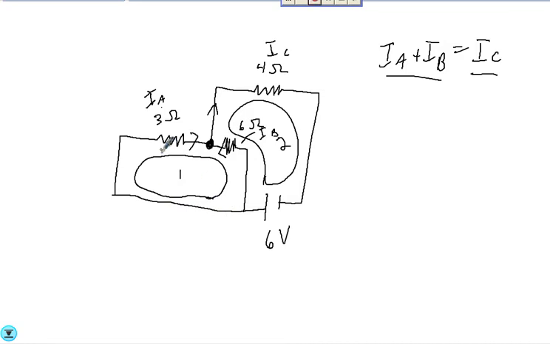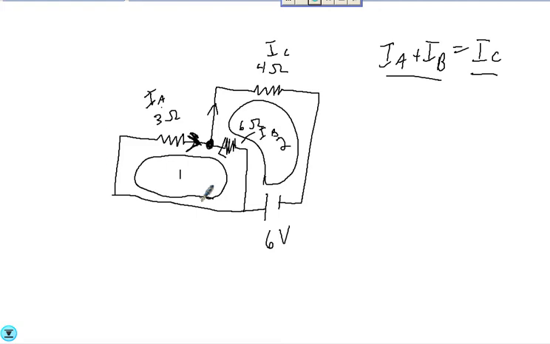So in one loop, all of the voltage increases must equal the voltage decreases. So if we're saying that it's with this arrow here that I've decided that the current's going into the junction, that means let's just say that this is going counterclockwise.